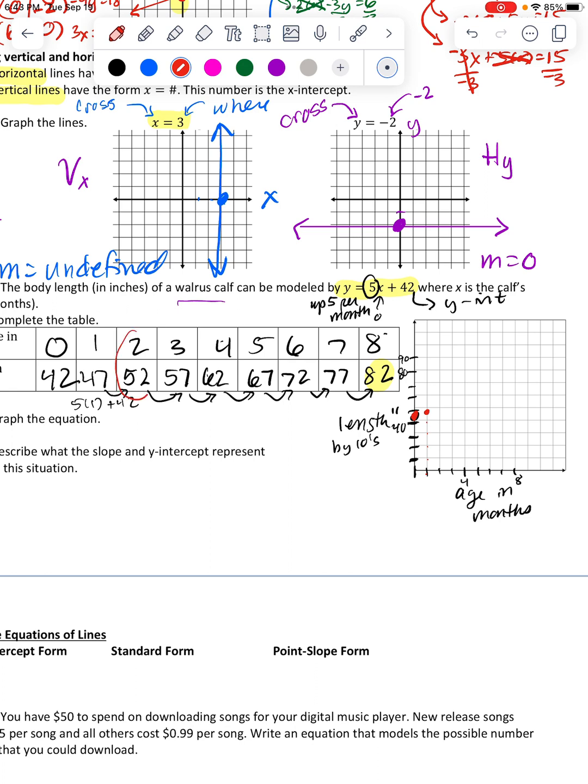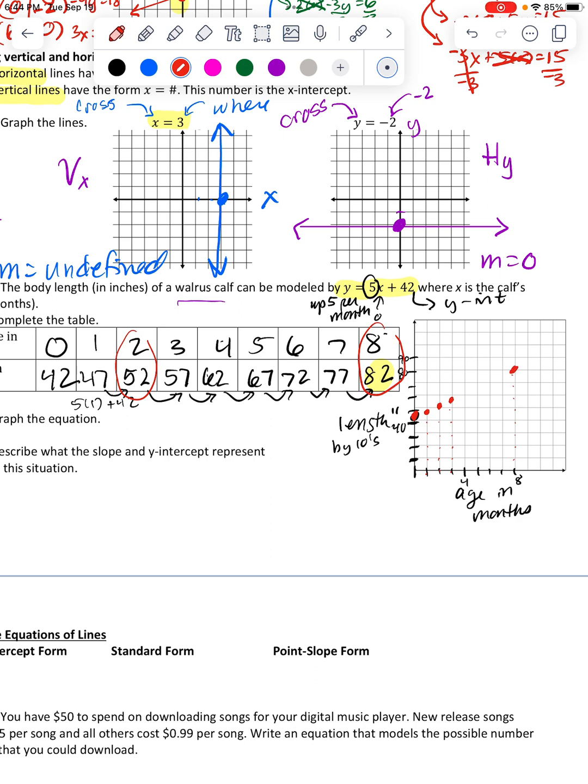Then at 2, I'm going to go up 10, 20, 30, 40, 52, just above the 50 line. And then at 3, up 10, 20, 30, 40, 57. Then you can kind of go to where you're going to end. 8 should go up to 10, 20, 30, 40, 50, 60, 70, 82.